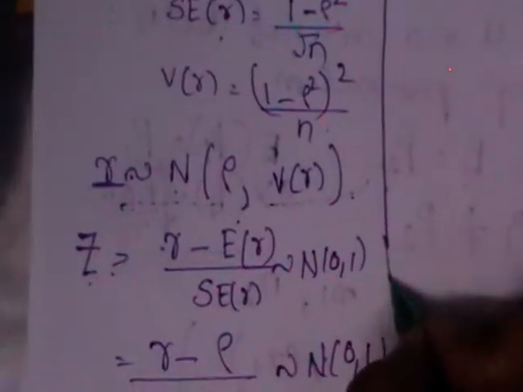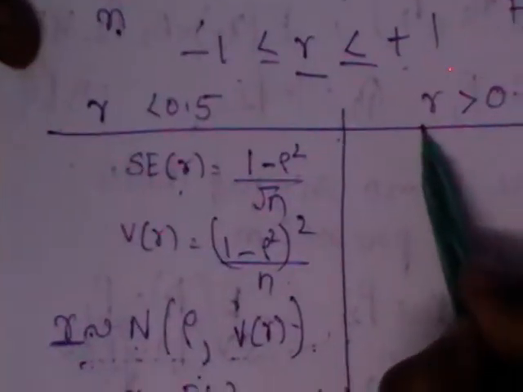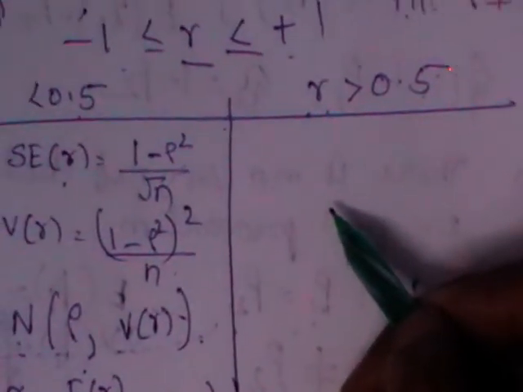So whenever r is less than 0.5 only, the sampling distribution of r is approximated by a normal distribution. Whenever r is greater than 0.5, r doesn't follow this distribution directly. Moreover, a transformation or a function of r is going to follow a normal distribution. Got it?